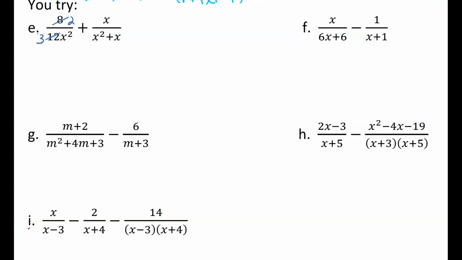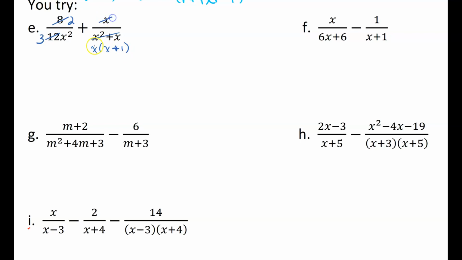All right. And then also, what I'm going to notice is that x squared plus x, is that factorable? Yes, because there's an x in each one. So I'm going to factor this into x times x plus 1, which means now what happens? You can take out the x.